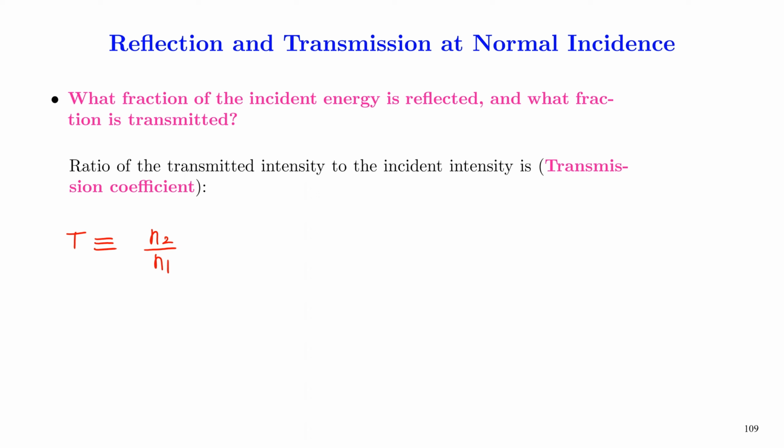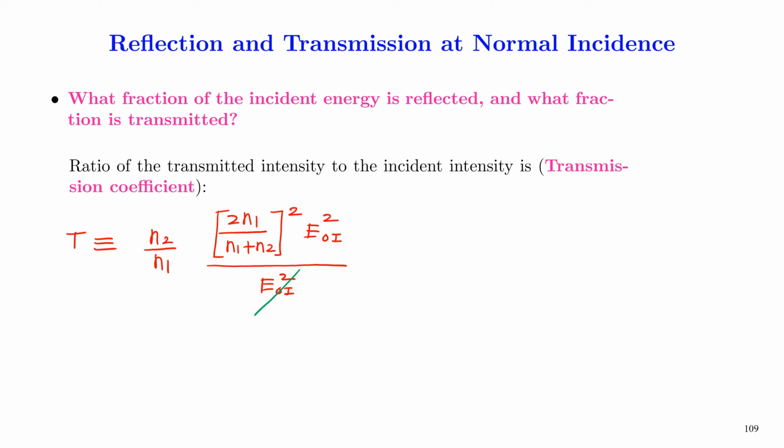For the transmitted intensity E0T square, we shall write 2N1 over N1 plus N2, the whole square, then E0I square. The denominator is E0I square.